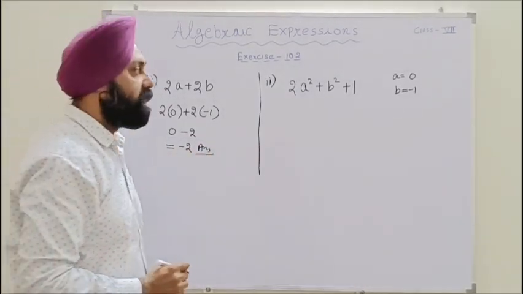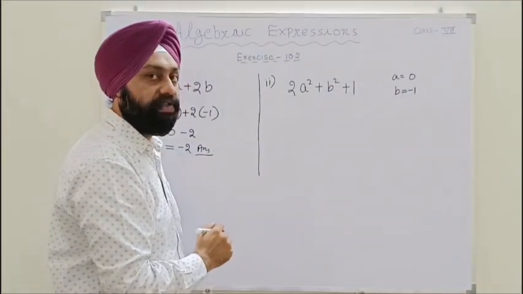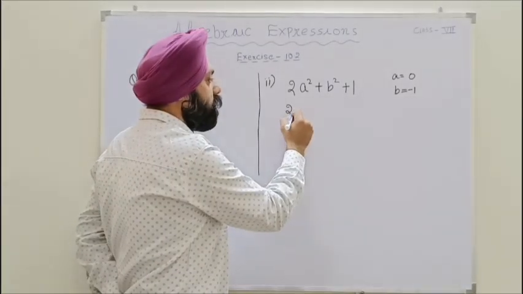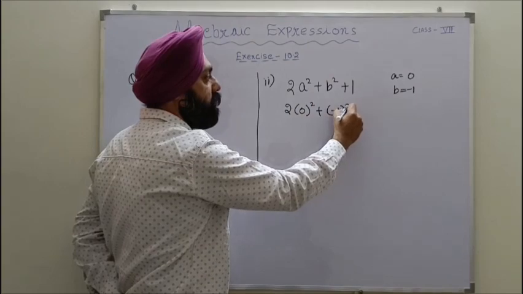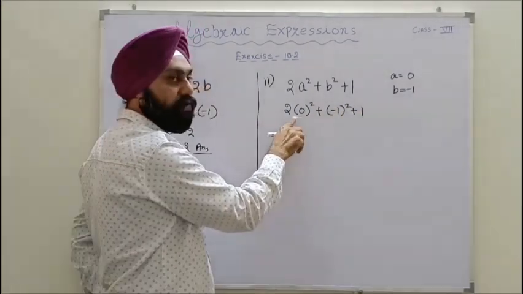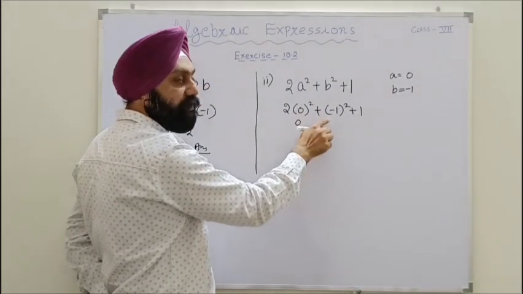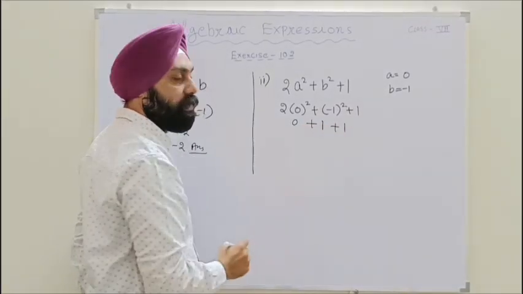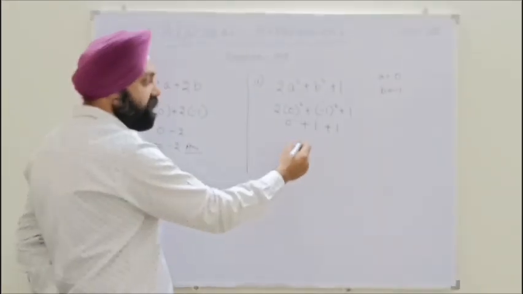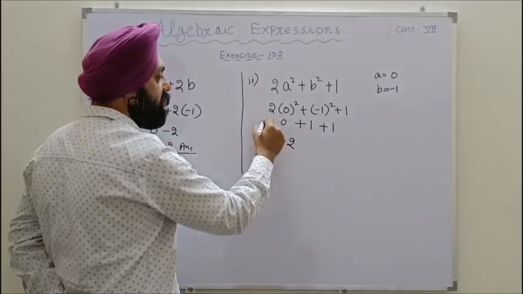Moving on to the next part, we have 2a square plus b square plus 1. So putting the value of a as 0, b as minus 1, and plus 1. So 0 into something will give 0, minus 1 square will give positive 1, and we have again 1. So 1 plus 1 will give 2 as the answer.